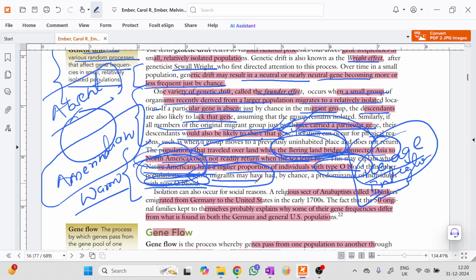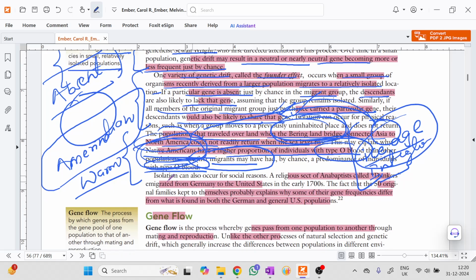Isolation can also occur for social reasons, such as a religious sect of Anabaptists called Dunkers. They emigrated from Germany to the United States in the early 1700s, and the fact that 15 original families kept to themselves explained why some of their gene frequencies differed from both the German and the general US population.